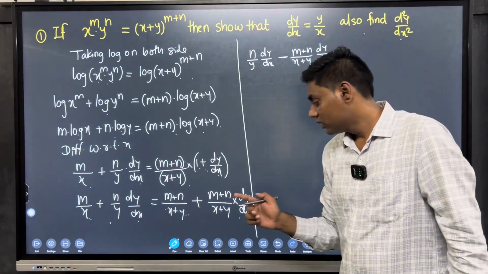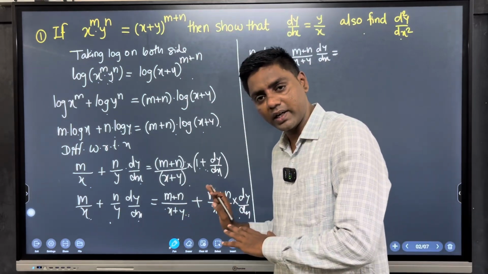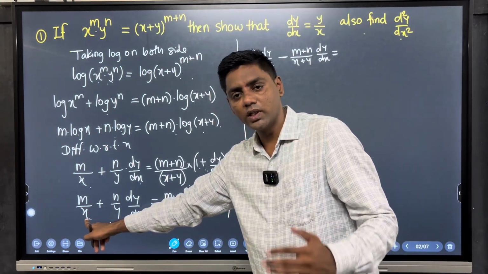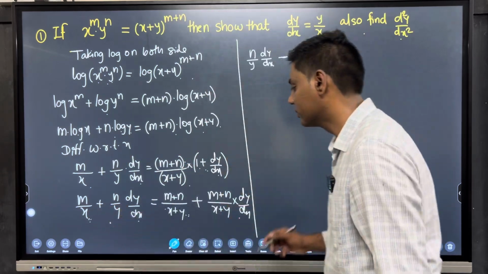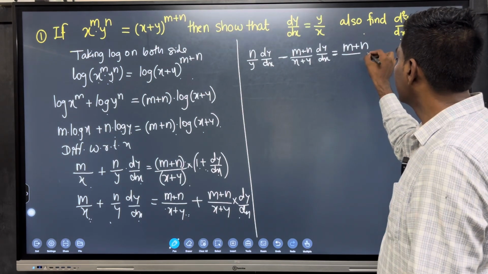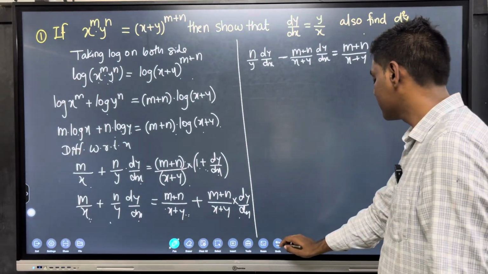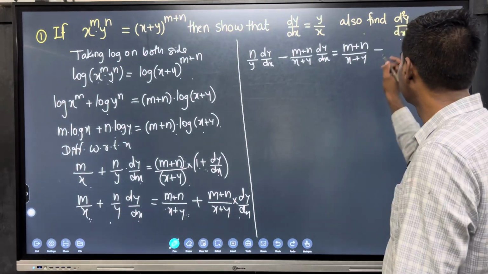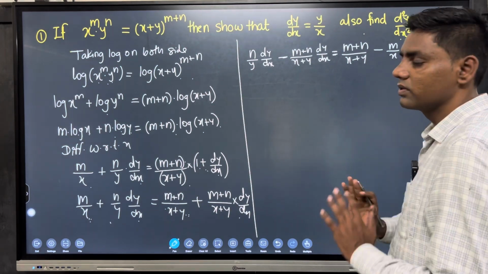Next, now this is the term without dy by dx, it is as it is on the right hand side. And this term without dy by dx, take it to the right hand side, and the term is positive, so when coming here it becomes negative, that means its answer will come. So that is m divided by x, as it is, and minus n divided by x plus y, minus m divided by x. Important step.